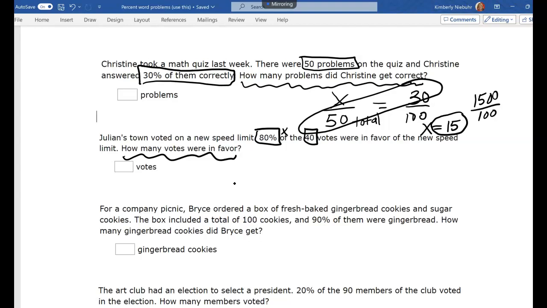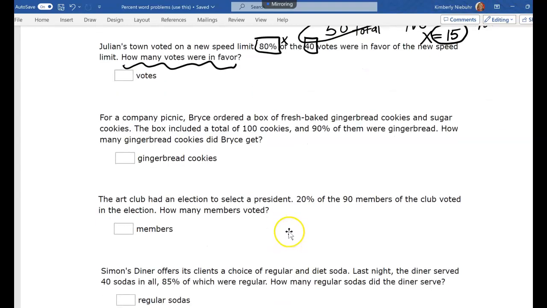Okay, you're just going to need to work that one on your own. You can do it. Remember, percent over 100, set that equal to the total. It looks like, yep, we're solving for x there. Cross multiply, divide.